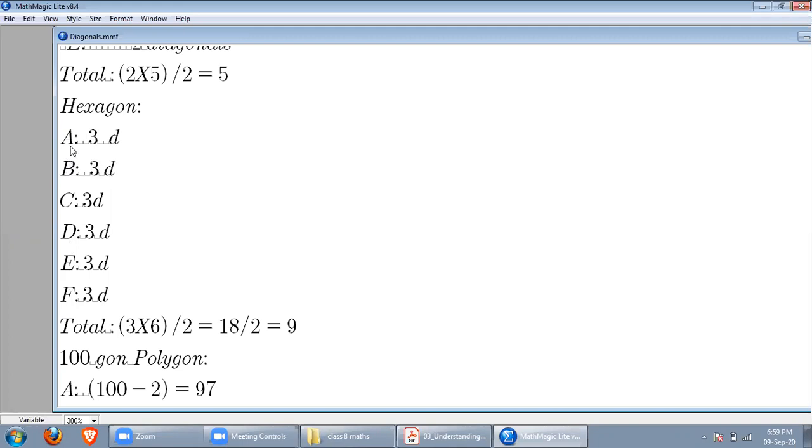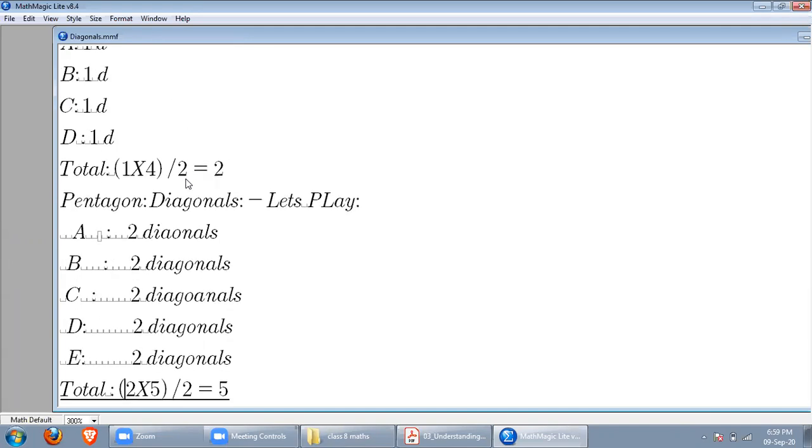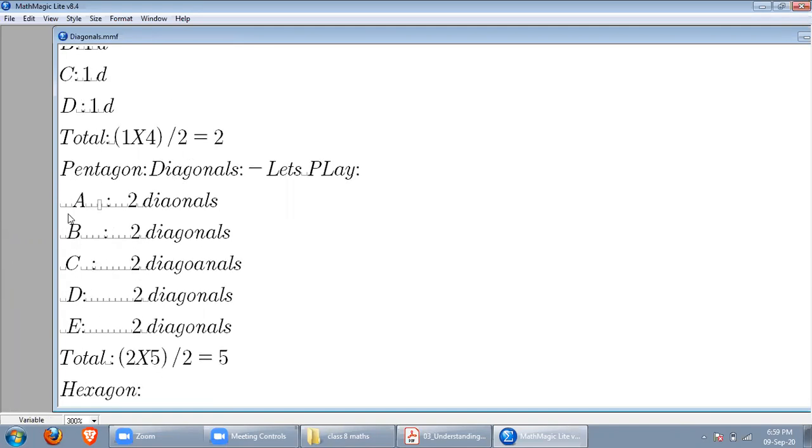So look here. By looking at these things, we come to know that for pentagon, which has 5 sides, from one vertex 2 diagonals can be drawn. Because by omitting the 2 adjacent vertices and the vertex itself, that means 3 vertices are to be omitted.